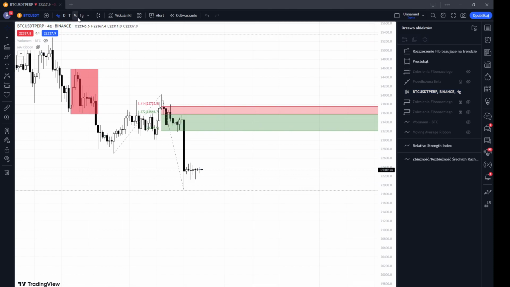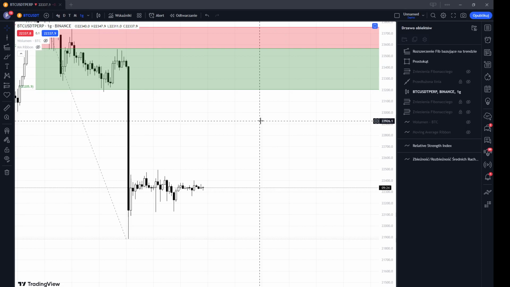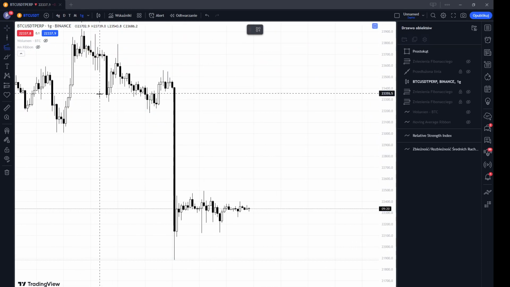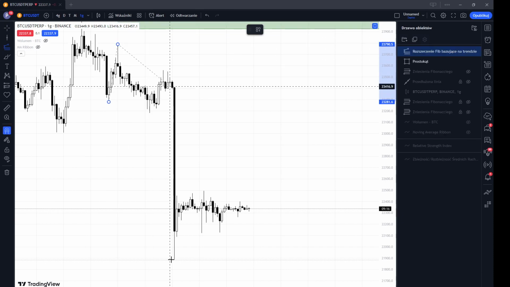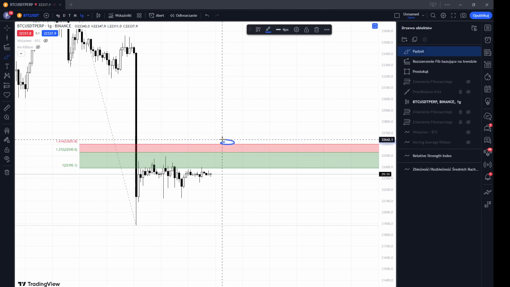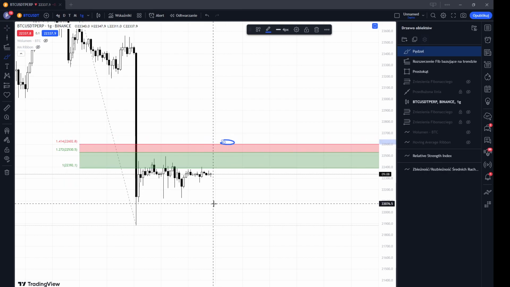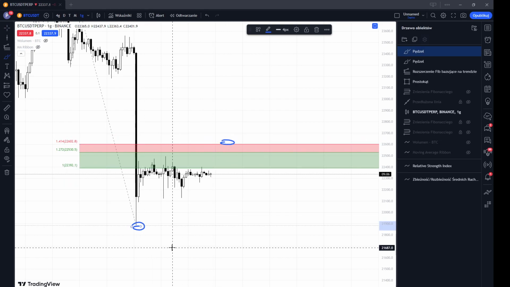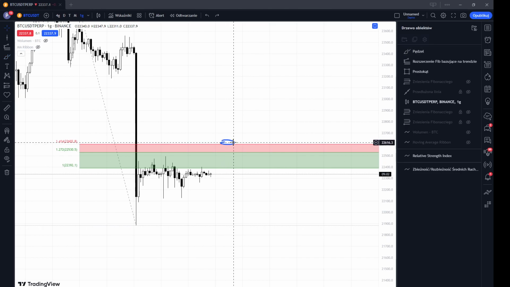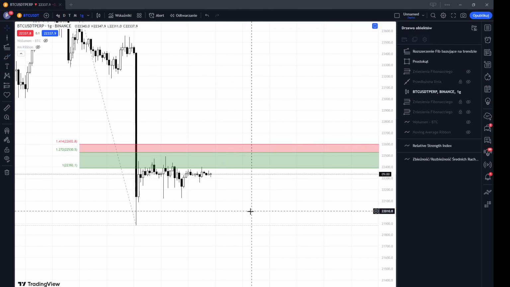So let's start with the smaller time frame. If we take this from here to here, and we don't get closures of candles above this, then I expect that this low will be taken out. That's my scalp method.